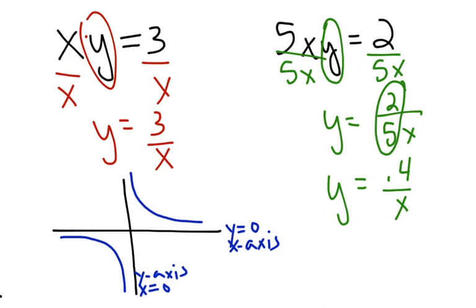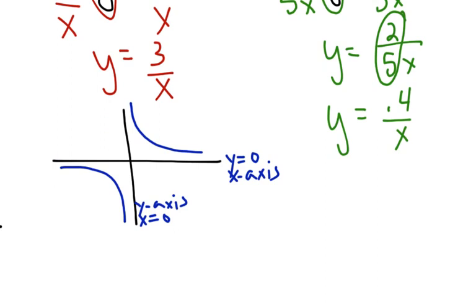We said that when the numerator of these direct or indirect inverse variation problems gets smaller, the branches actually get closer to the origin. So if I graph that one, again, it's going to be in quadrants 1 and 3, but it's going to be a little bit closer to the origin this time.